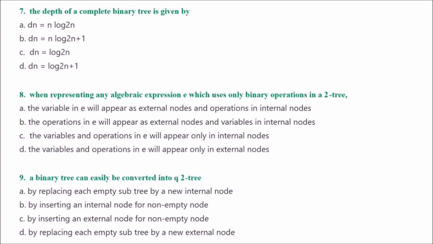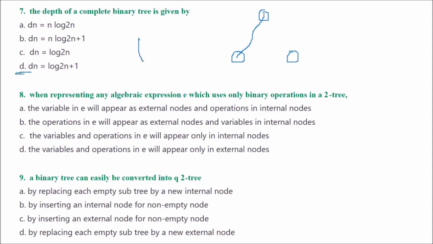Next: the depth of a complete binary tree is given by what? If you have a complete binary tree and you want to see the depth, we'll take this option.